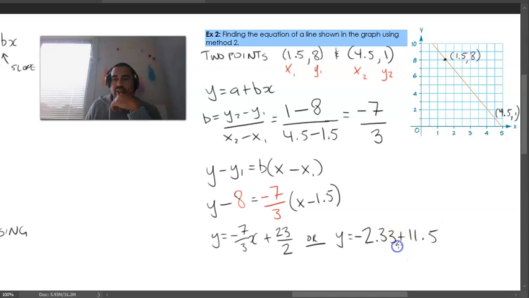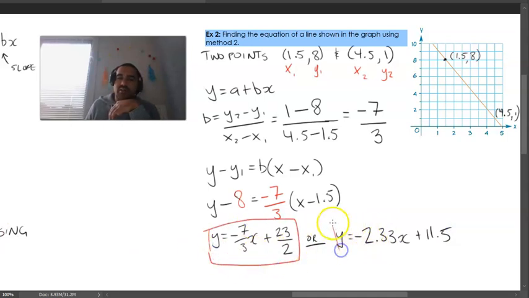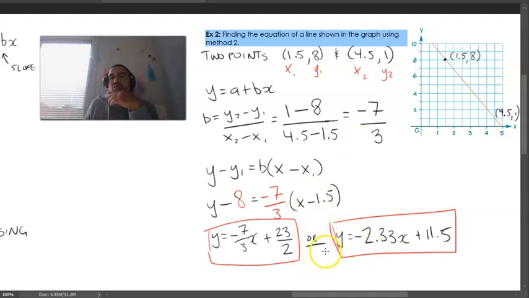Whoops, forgot the x. There we go. Those are the two formats that you can write it in, depending on what the question asks, or if the question doesn't tell you, you can choose either. The traditional format is to leave it as a fraction. It just depends on what fractions you get. But if it says decimal, round it to what it's asking for.